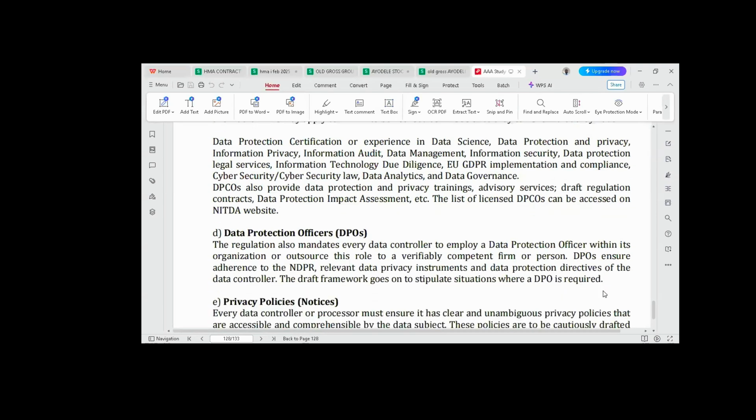Then you have the data protection officers. Now, these people are employed, and their main role is to ensure that as an organization, all the necessary information that needs to be protected has been classified as what?